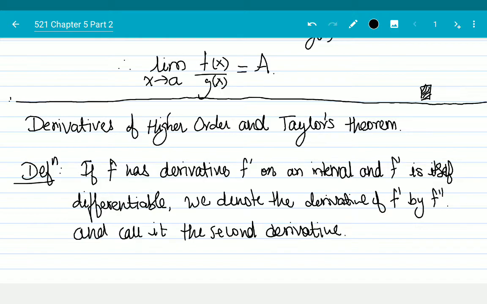Nearly all of you should have seen this before. Second derivative should not be unfamiliar to you.